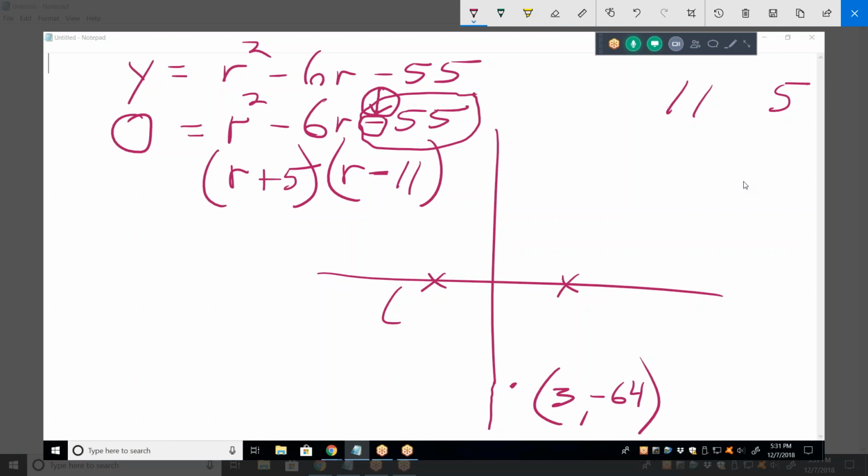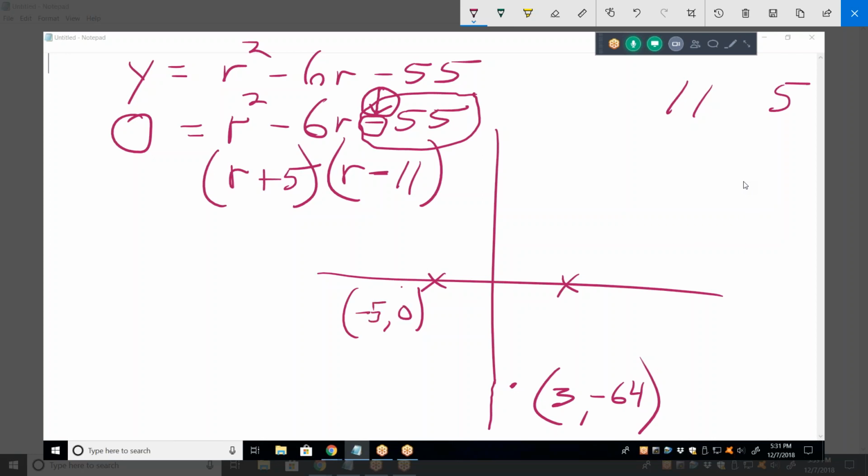So what are the points on that one right there? 5, 0. Hold on, I made a mistake. 0 is not the x-coordinate. The x-coordinate is minus 5. Minus 5, 0. Exactly.